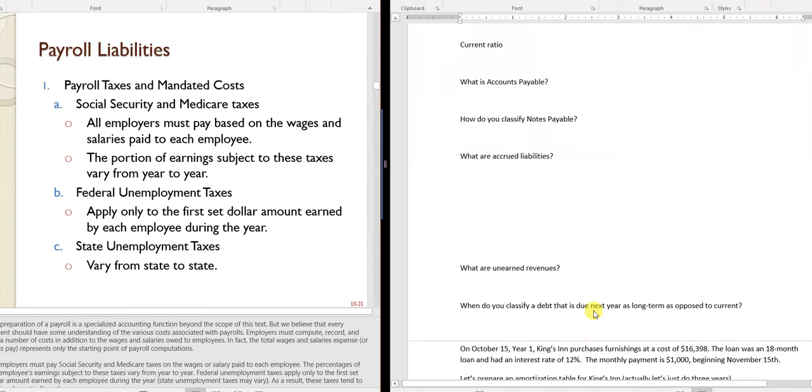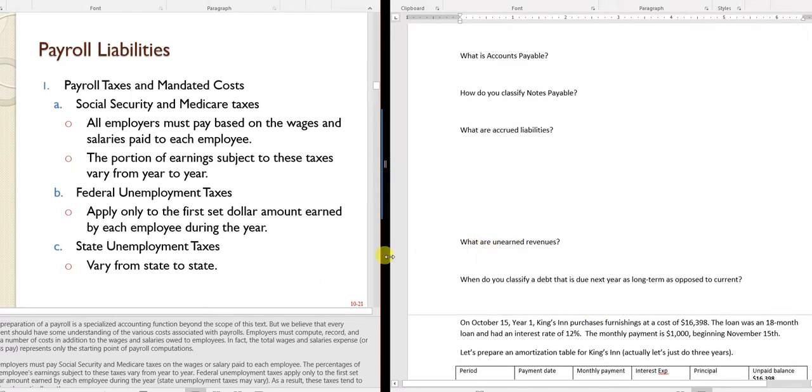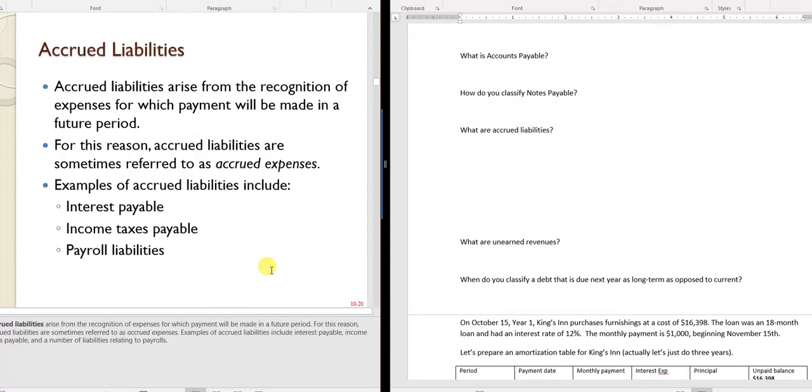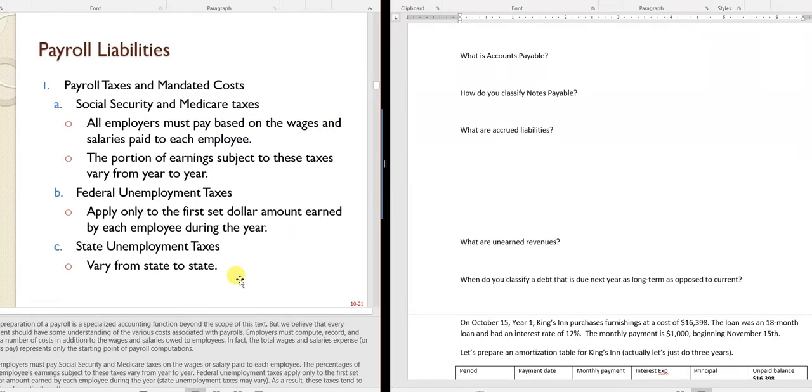Next one. Also in accrued liabilities are payroll liabilities. Payroll liabilities are kind of unique in that employers are required to withhold some of the taxes from your wages and send them in for you.